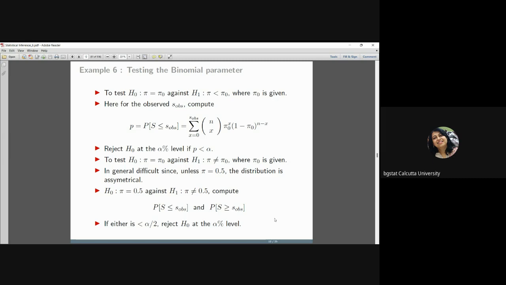So alpha, let's suppose, is 0.05. So I would compare each of these to the 0.025 value, and I will reject H naught if either of these probabilities is less than 0.025. It's not quite like the normal distribution because the distribution is not necessarily symmetric like the normal distribution.